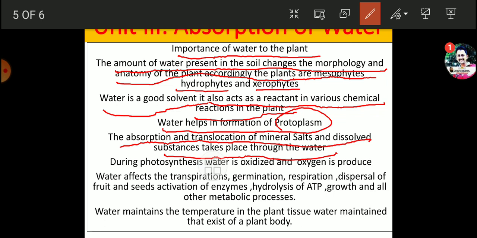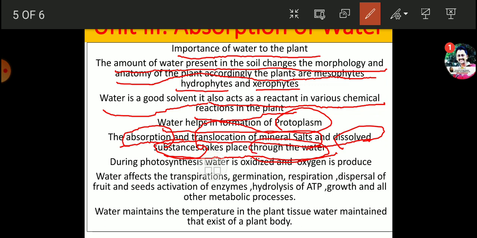So along with water, the minerals and the required elements are absorbed by the plant. So absorption and translocation of mineral salts or dissolved substances takes place through the water.